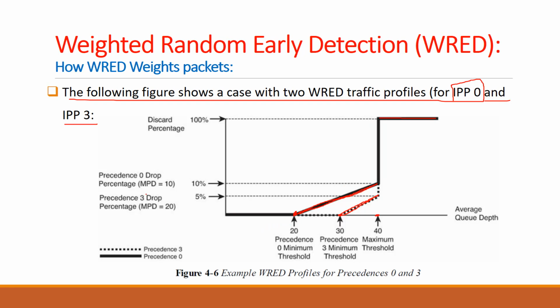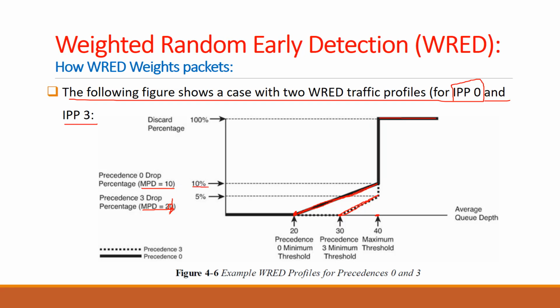So the MPD for IP precedence 0 is 10 and the MPD for IP precedence 3 is 20. Is 5, sorry. No, it's 20 because, let me check something here.